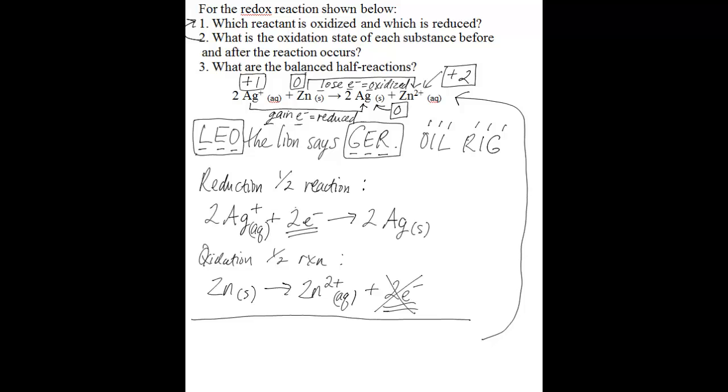So you get rid of the 2 electrons on either side of your equation, and you're left with 2 silver cations plus the zinc solid as your reactants, going to 2 solid silvers plus 1 zinc 2+ cation in aqueous solution. So that is the same as your original redox reaction. So those are the 2 balanced half reactions for this redox reaction. So that's it. You've answered all the questions, and those are some basics that will be helpful to your success in electrochemistry in this class.